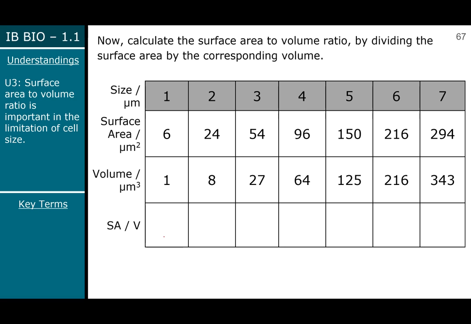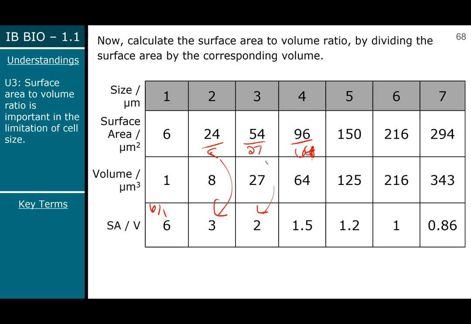All right. Surface area is going to be 6 to 1. Or another way to do it would be what? 6 over 1 would be 6, right? So 6 over 1. 24 over 8 gives you 3. 54 over 27 gives you 2.